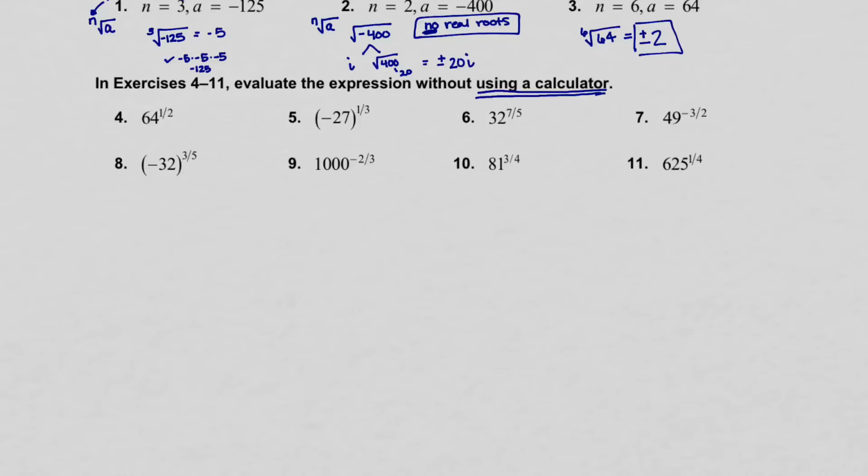But what we need to address first really quickly is you could, in the calculator, go ahead and put this in as 64, then your caret, parentheses, 1 divided by 2. That would give you a correct answer. You could recognize that this is the same thing as saying the square root of 64. Either way, it's going to give you the correct answer, which is 8.